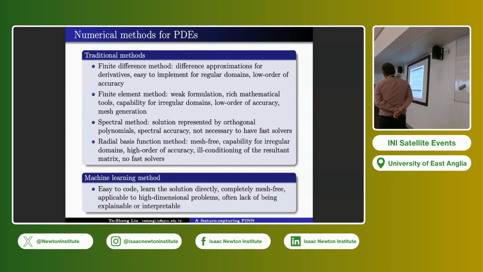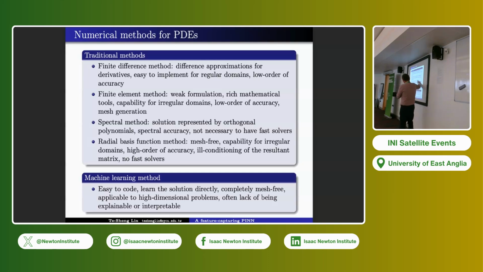Just to give you some sense of the difference between traditional methods and machine learning methods. My personal background is in the finite difference method, so I know quite a lot about finite difference and spectral methods. Finite difference, the difference approximation for derivatives, is very, very easy to implement for a regular domain, but it has a low order of accuracy, first order, second order or fourth order, depending on the grid you choose.